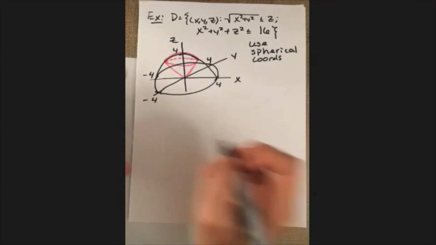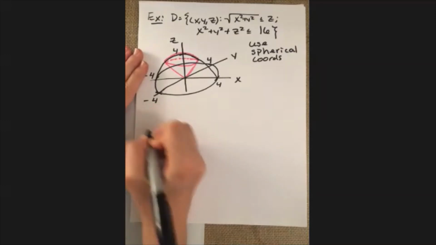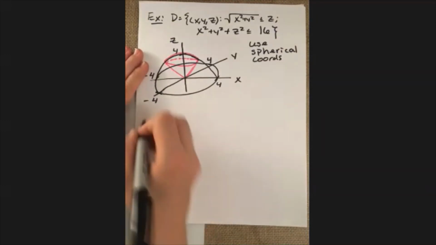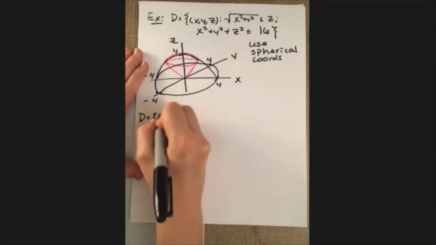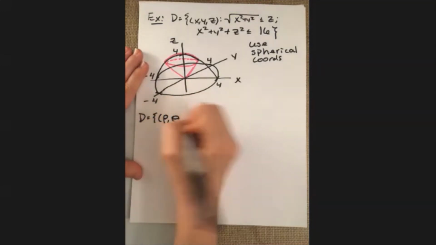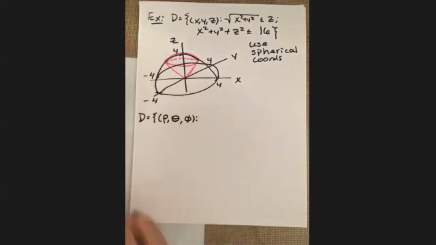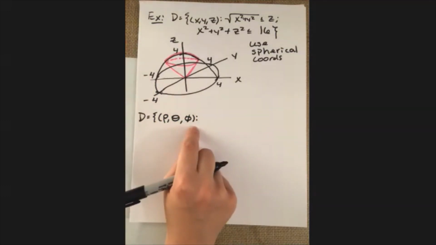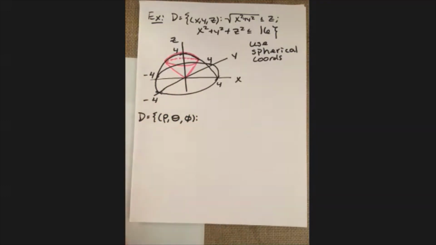In order to get spherical coordinates, remember that our goal here is to get points that are in the form of a rho, a theta, and a phi. Okay, so we need rules for each of these 3. Perhaps the easiest one to get is going to be rho.